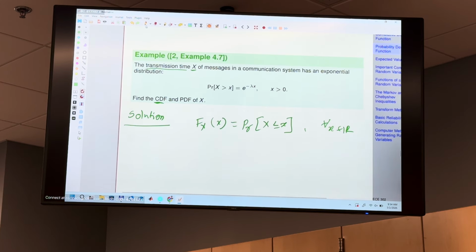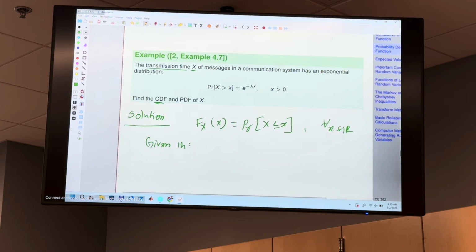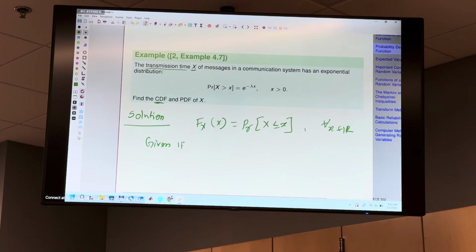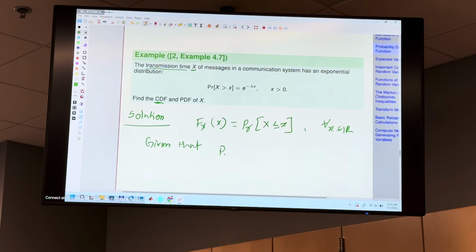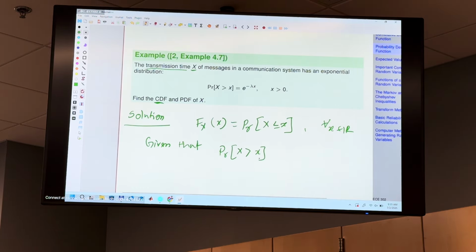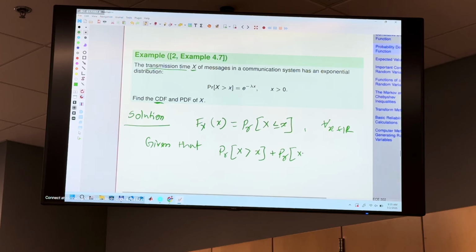So to get the CDF, given the fact that the probability of X greater than x plus the probability of X less than or equal to x, I'm taking all the less than or equal and greater than, everything, so this summation is going to be 1.